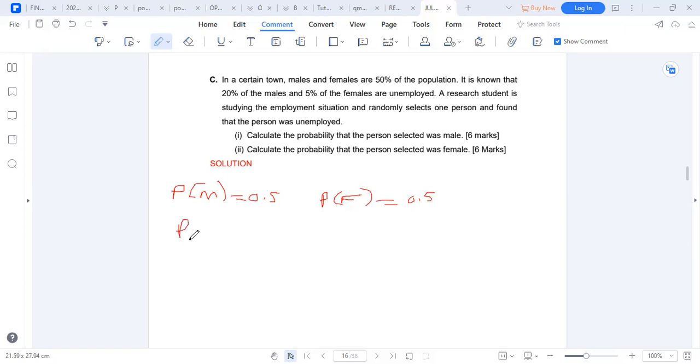So unemployed coming from the males is what? 20%, so 0.2. Unemployed coming from the females is what percent? 5%, 0.05. Are we together in interpreting or narrating this so far?